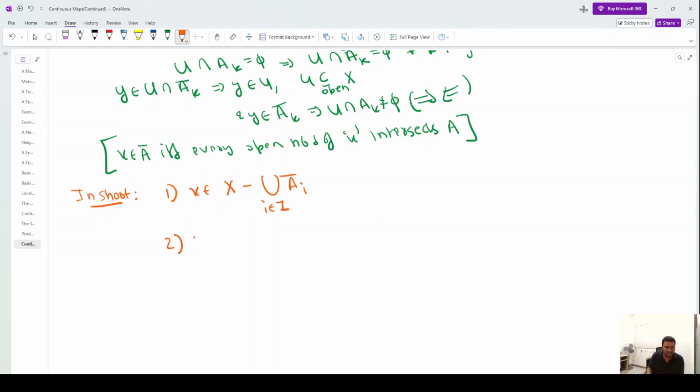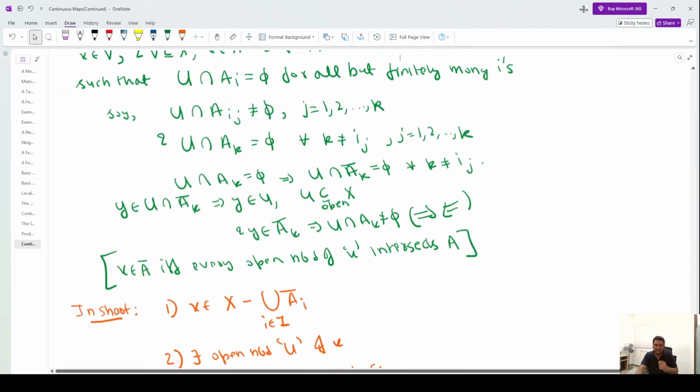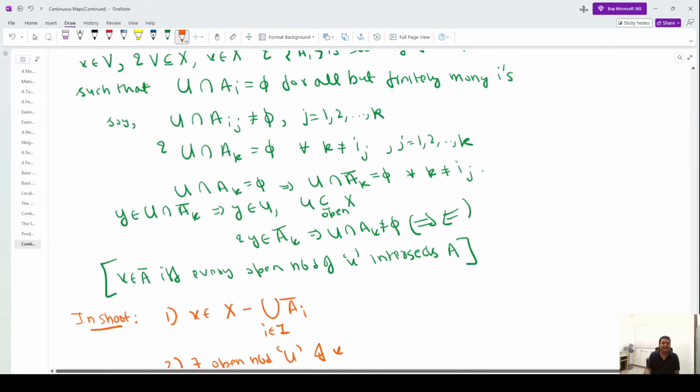Second thing, there is an open neighborhood U of X such that U intersection AIJ is non-empty for all J equal to 1 to L. Since I'm using K here, I will write L, let's say L. These are things you should learn to write and correct if you are making some mistake.